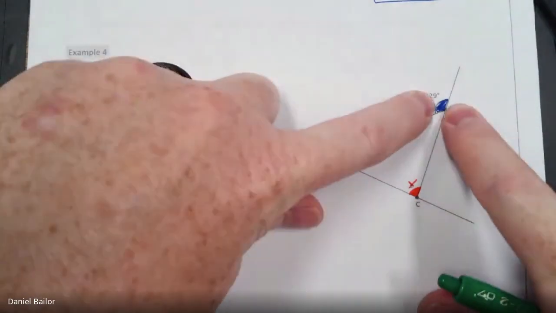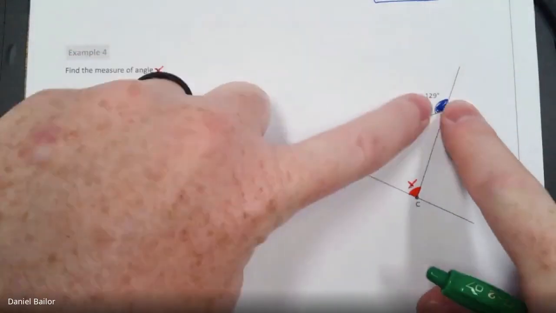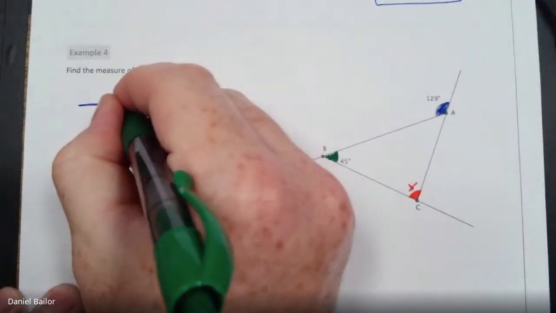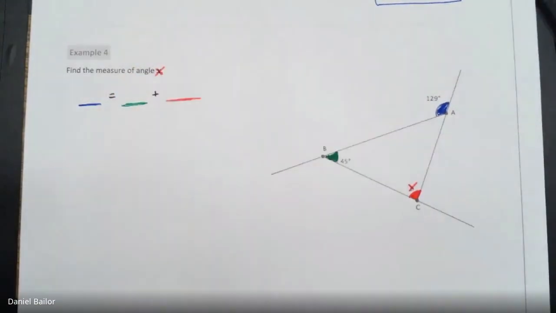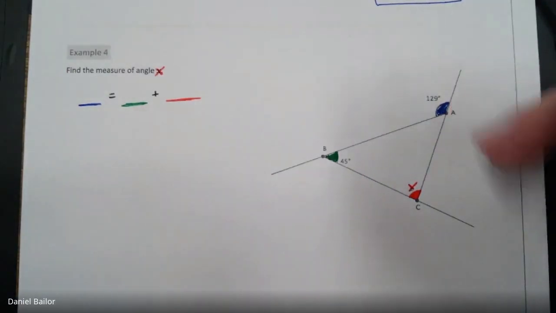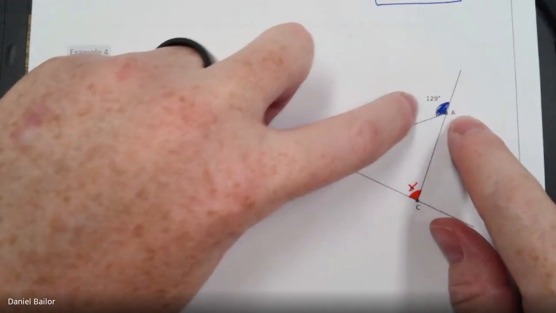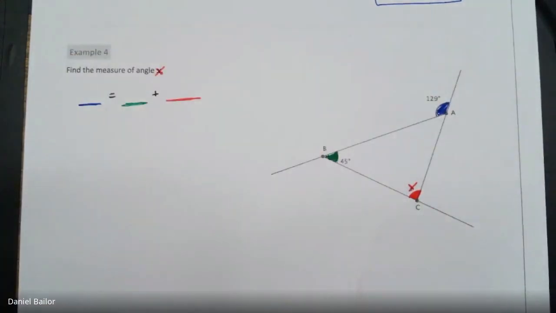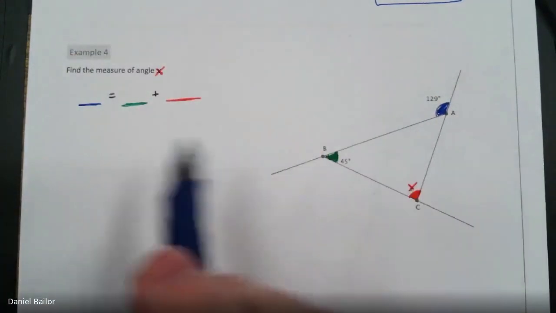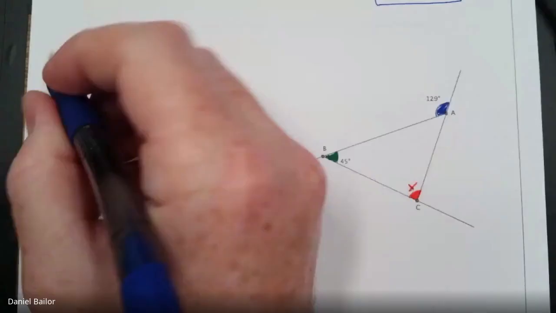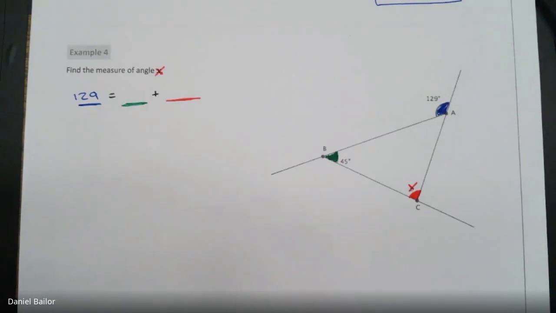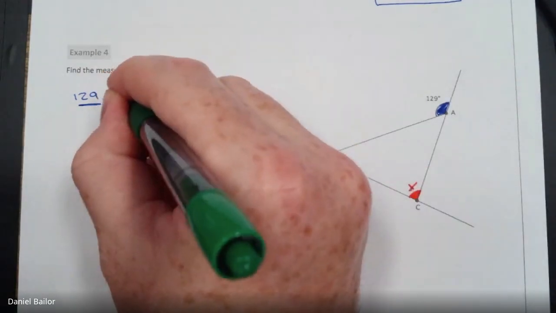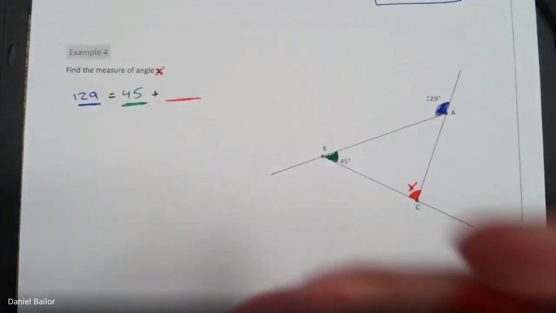So the blue outside one equals the green plus the red. That's the rule we learned today. The outside angle equals the two far away inside ones. And we can use this because they told us the blue is 129. They told us the green is 45. And the red is the x.